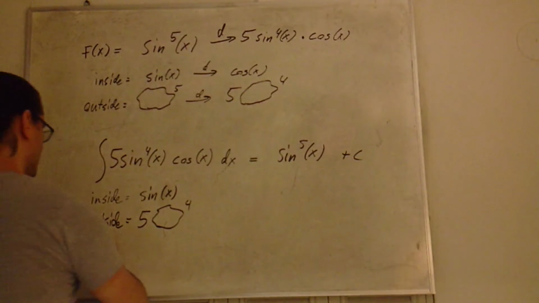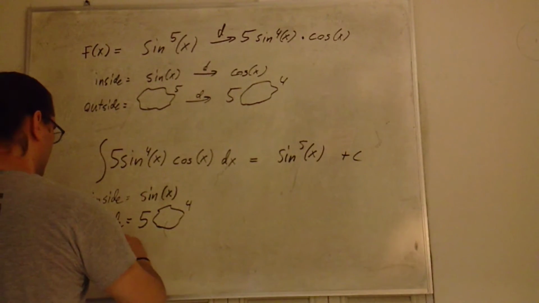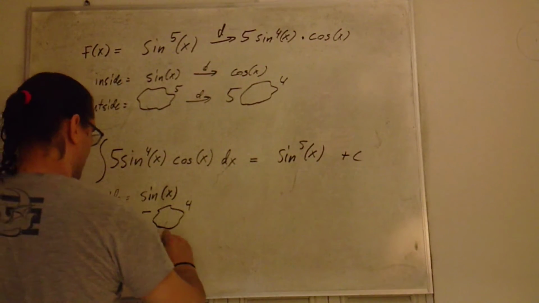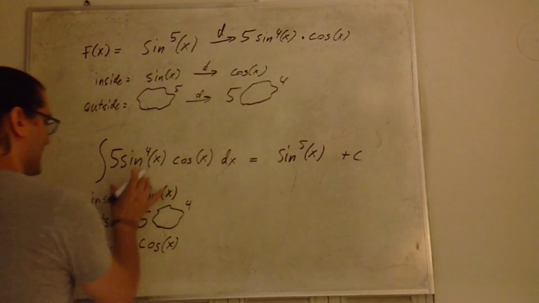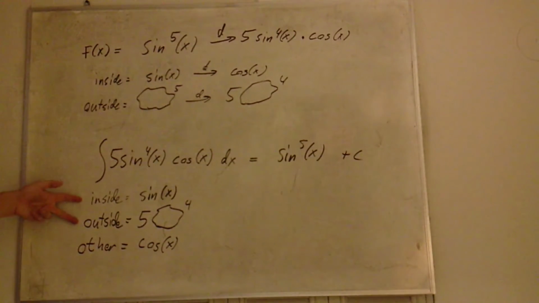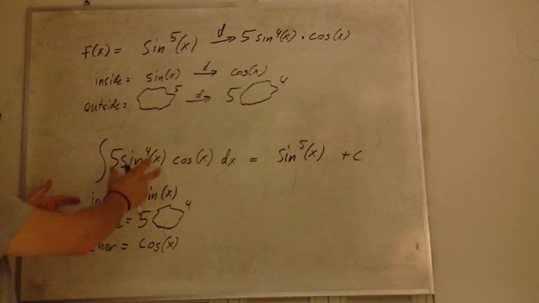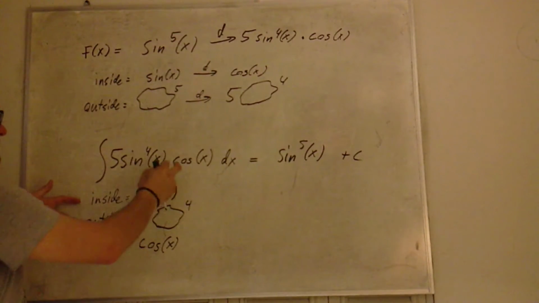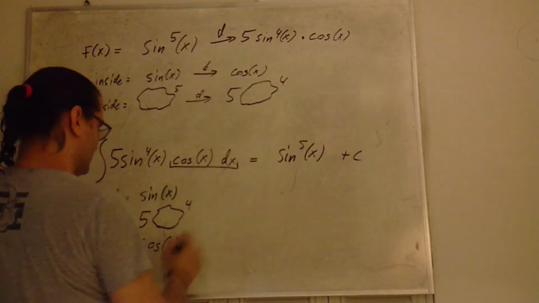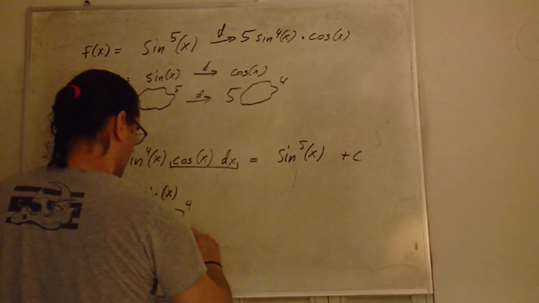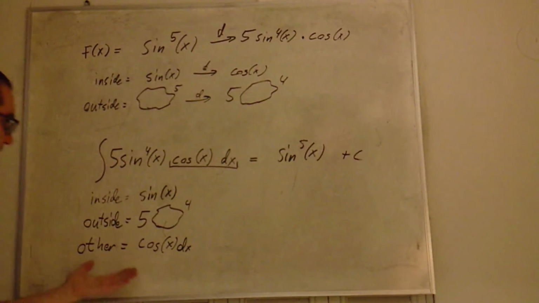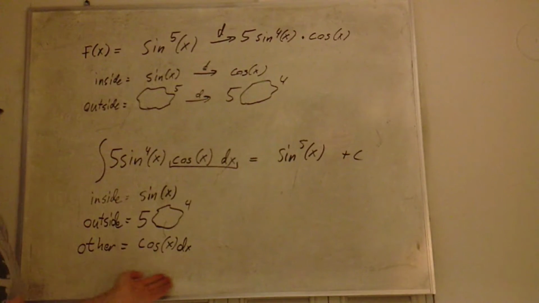And then in this case we have an other. The other function is everything else. So the inside and the outside is the composite piece. And then everything else you have in your function is the other. So it's the whole thing, cosine of x dx. The whole piece is the other function.